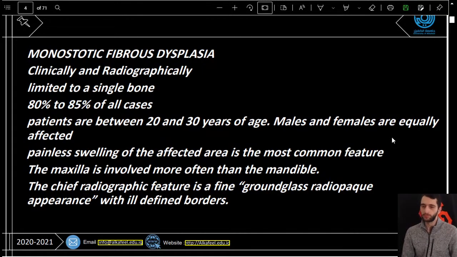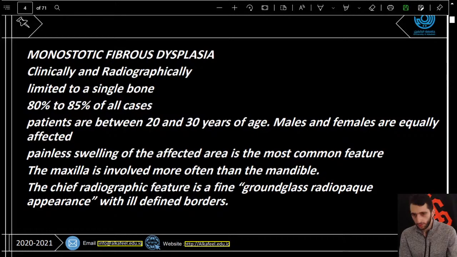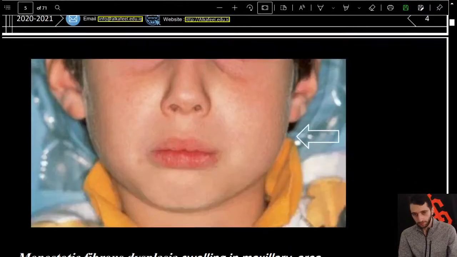Painless. Patients are adults, 20 to 30 years old. I hope everyone knows the first paragraph of it. And let's move on to the next part.